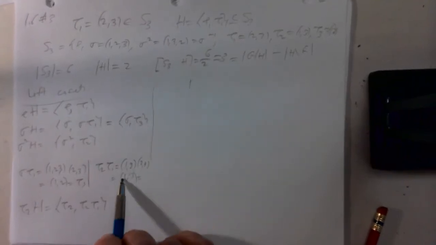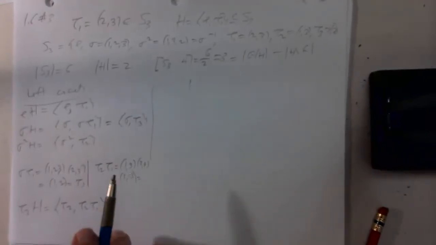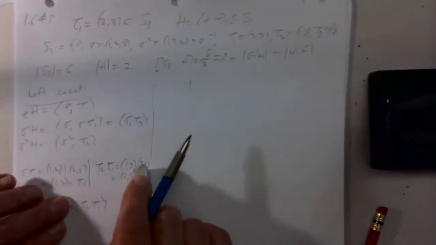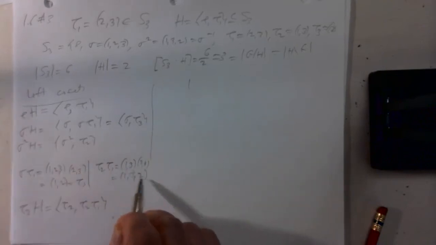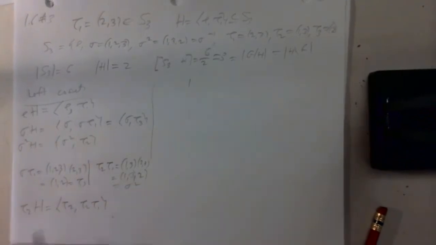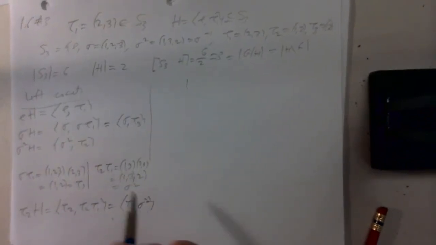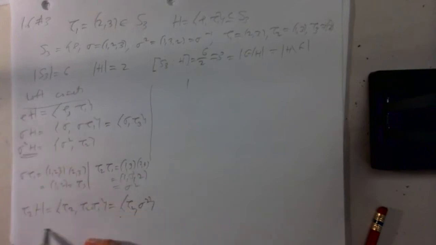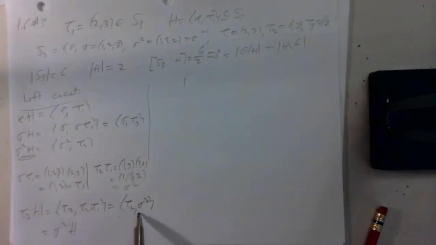This sends 1 to 3, 3 to 2, and 2 to 1. So this is sigma squared. So this coset is tau 2 and sigma squared. Well, that's exactly the same as the coset sigma squared H, right? So tau 2 H and sigma squared H give me the same thing.